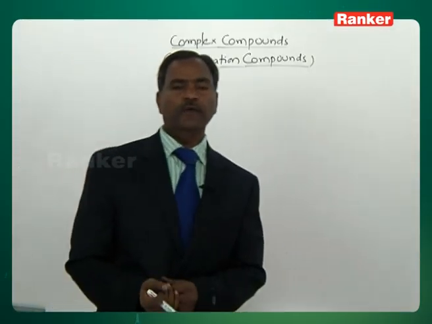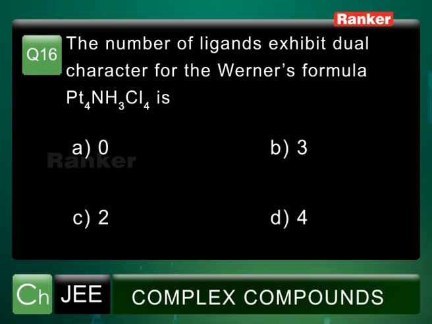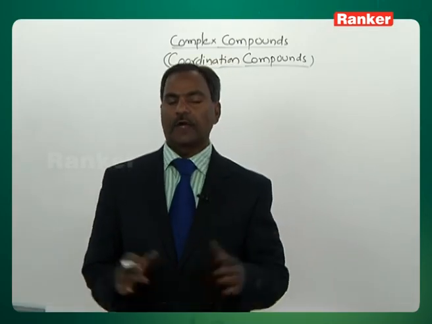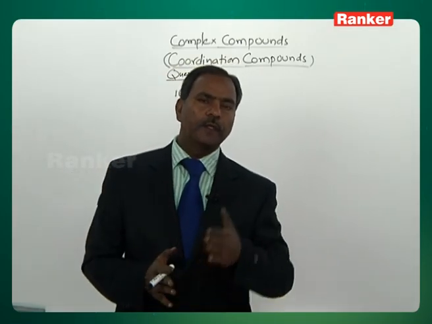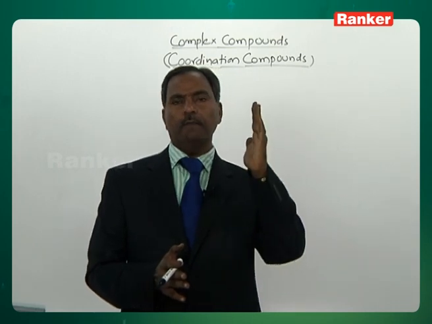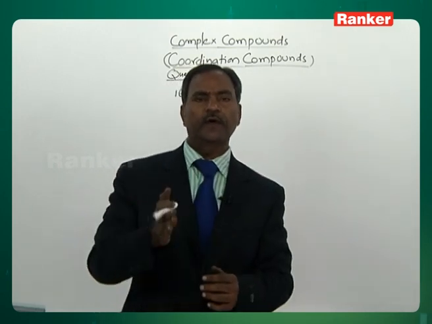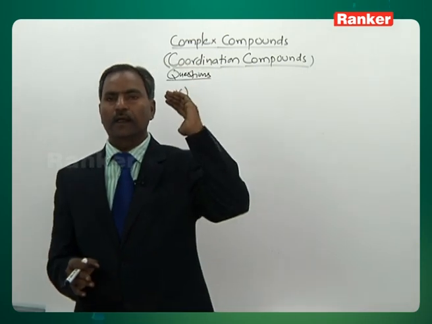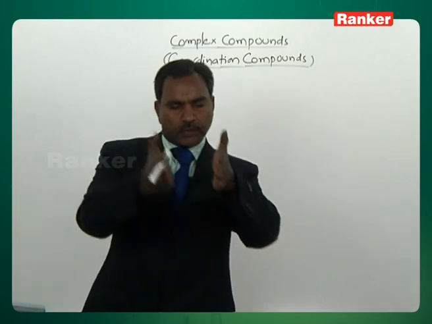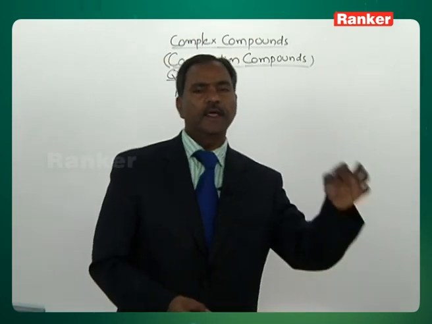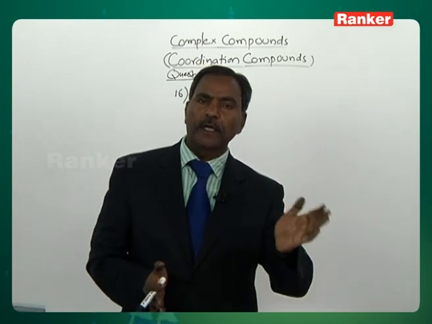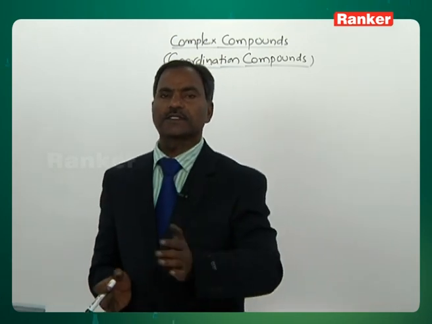Question number 16. The number of ligands that exhibit dual character for the Werner's formula of Pt(NH3)4 Cl4. Dual character means what? According to Werner theory, the ligands which are satisfying primary valencies are shown by dotted lines. The ligands which are satisfying only secondary valencies are shown by what? Solid lines. In some cases, some of the ligands are satisfying both primary and secondary valencies.